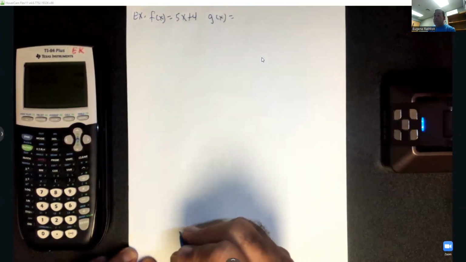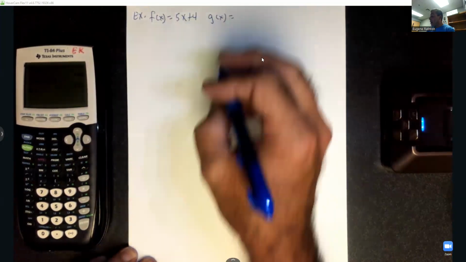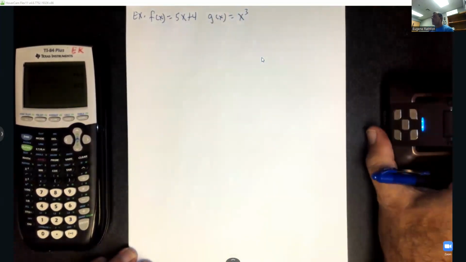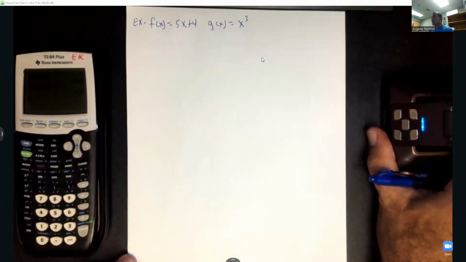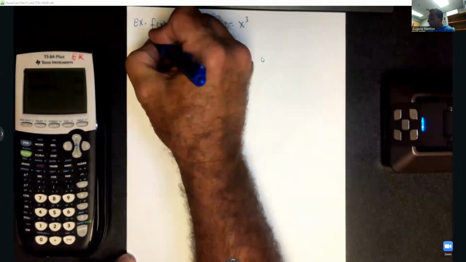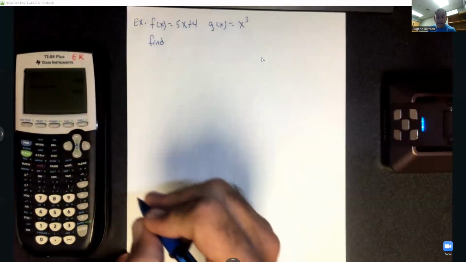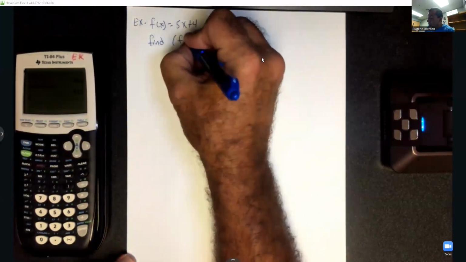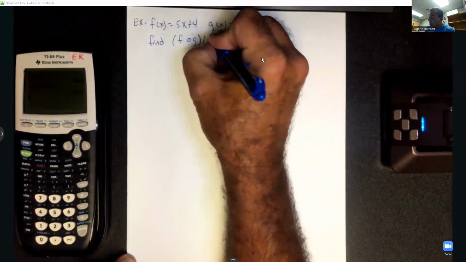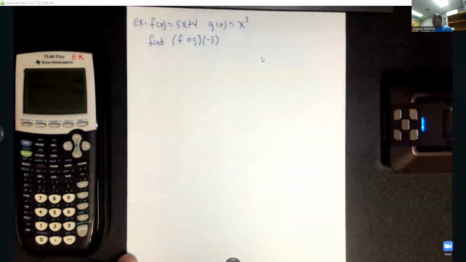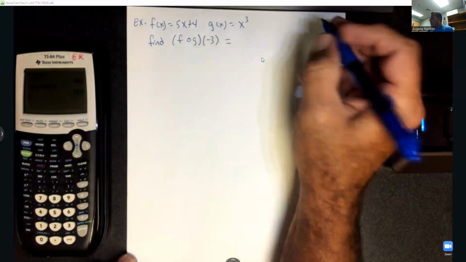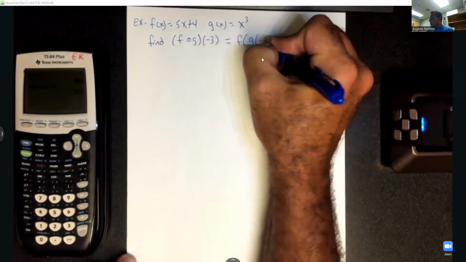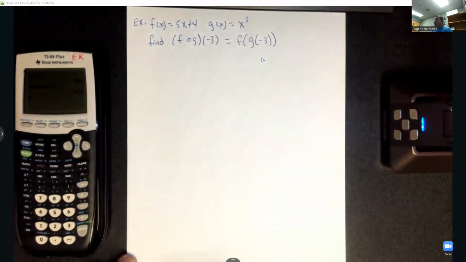G of x equals x to the third. They want me to find f compose G of -3. So if I was writing this one out, it would be f of G of -3.